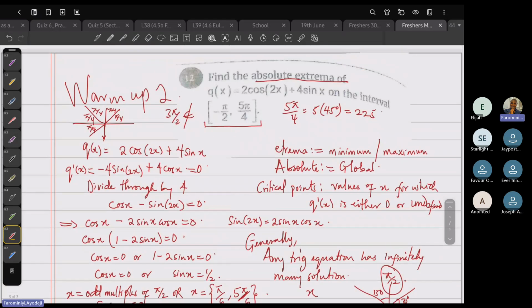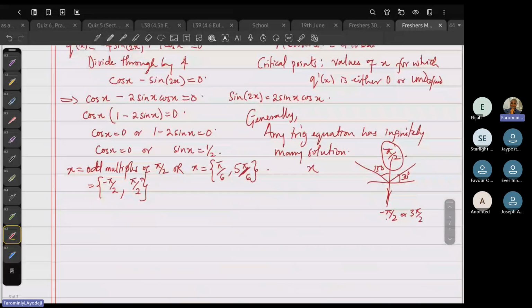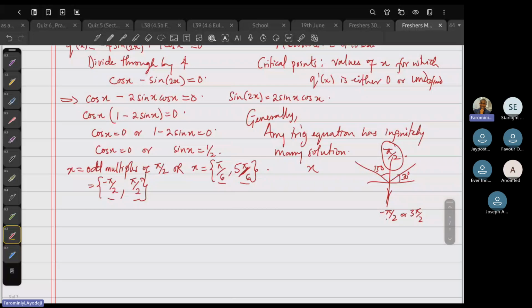So we want to find absolute extrema. We have found the extremum points. These are not really the extrema, we have found the extremal points. Some of these represent minimum and some represent maximum. But when we say absolute extremum, we now want to look out of these 4 candidates.